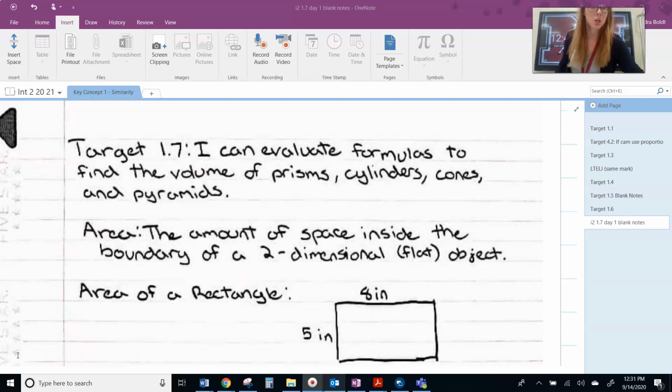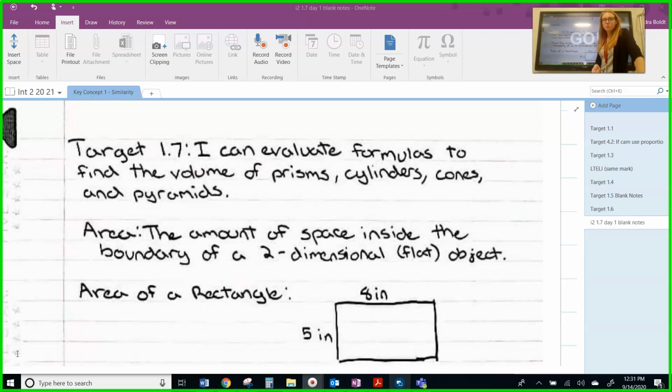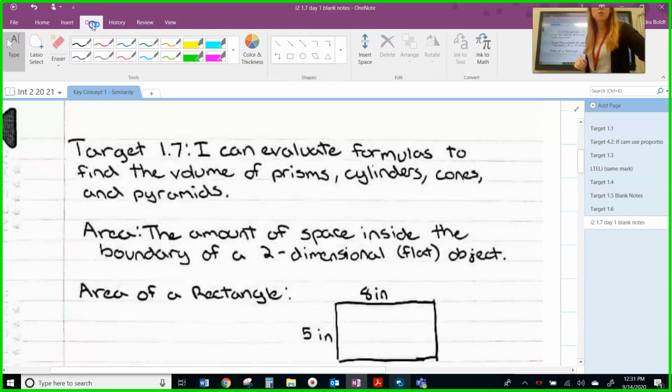Okay. So the first thing we're going to look at is our definition of area.